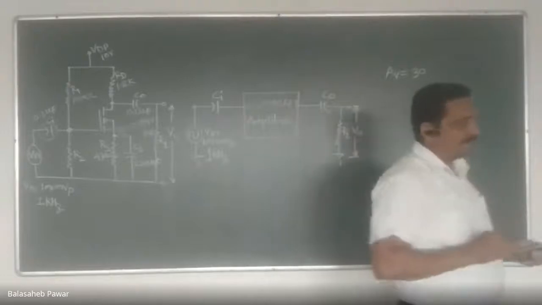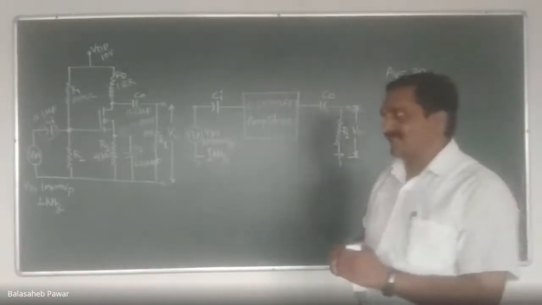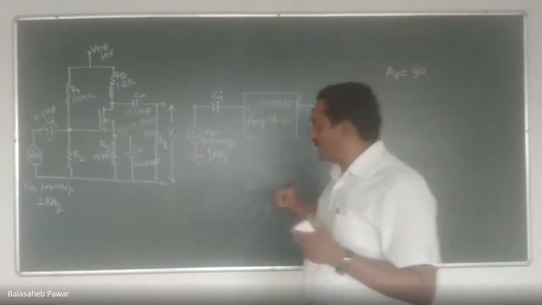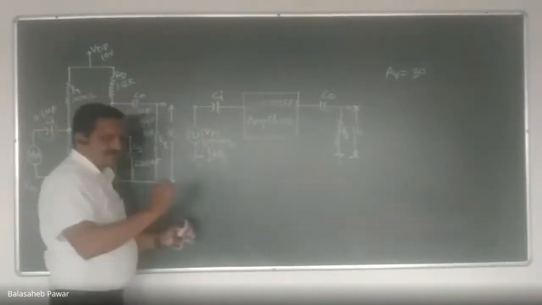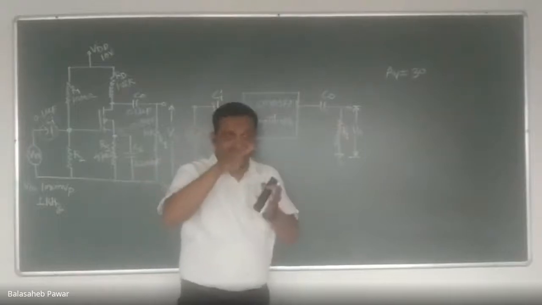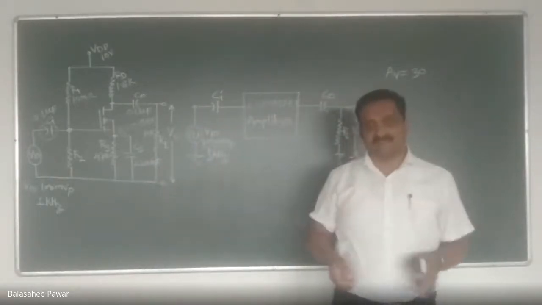So during our previous session, we considered various values of input signal in terms of its amplitude. Today we'll keep this 100 millivolt peak constant. We will not change the amplitude of the input, but we will change its frequency.